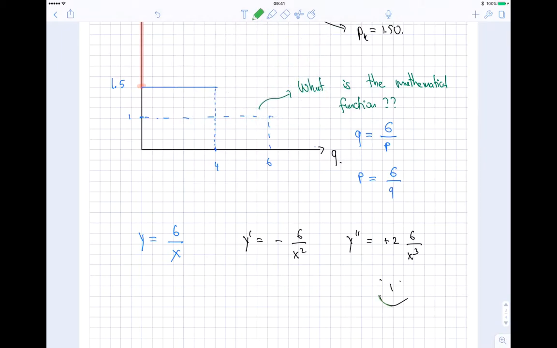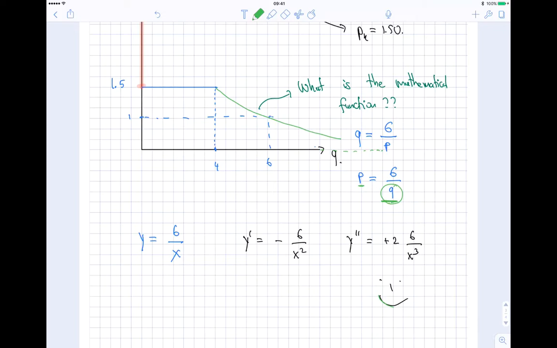Of course, you could have said about what's happening to this as q tends to infinity. Price goes to 0. So this would look something like this, with an asymptote at 0. So be mindful when you have things like this. What's the lesson from here?